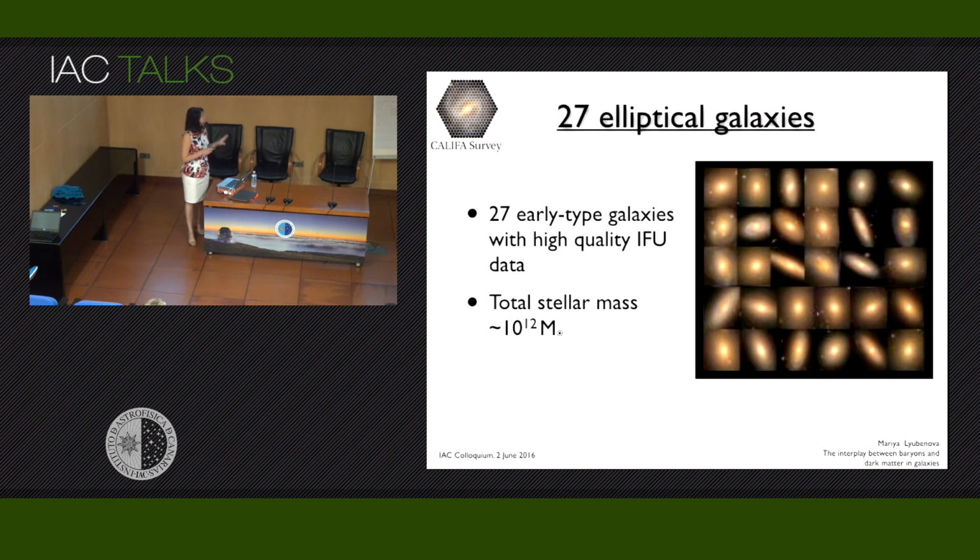So this is yet another cut in our sample of 27 elliptical galaxies, at the highest mass range, 10^12 in stellar mass. And this cut was mainly needed because of the way we do our stellar population analysis.